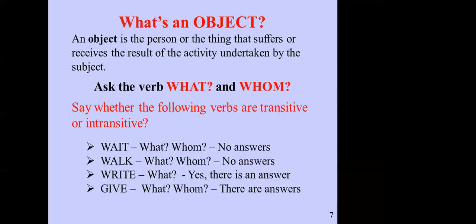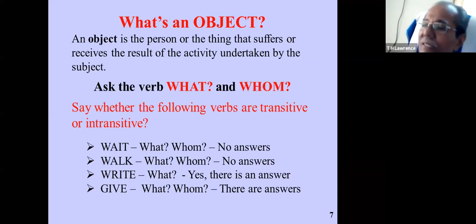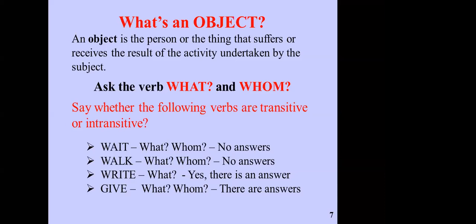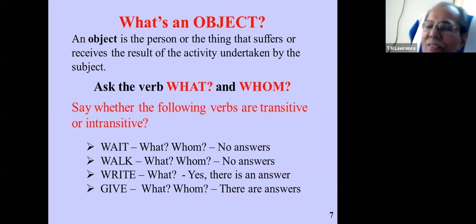So you are not waiting anything. Whom? You are not waiting any person. Okay. Now take walk. What? You don't get the answer. Walk. Whom? You don't get the answer. So the verbs to which you ask these questions are not able to give you an answer, then naturally these verbs are intransitive.